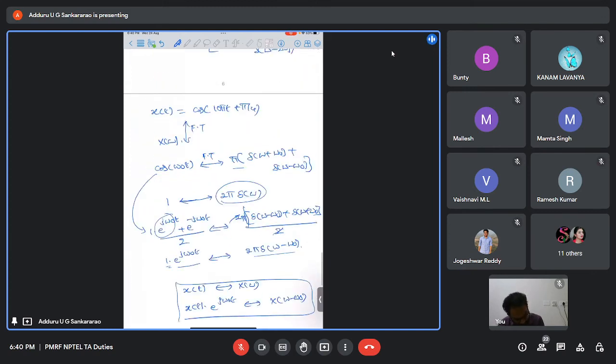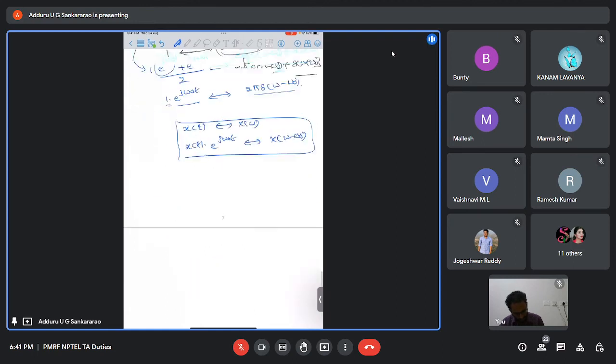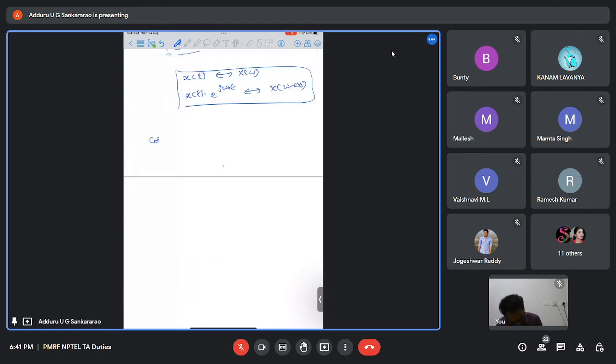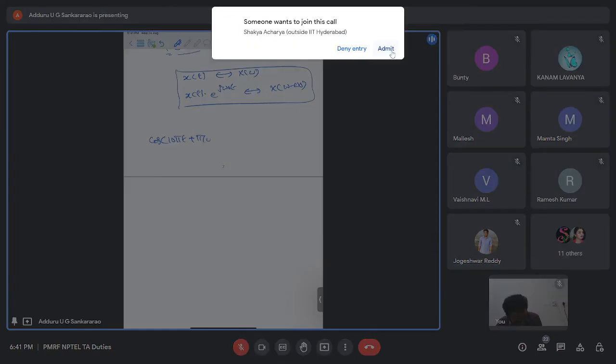And if you see here, this pi by 4 is just a phase. Since it's a sinusoid signal, the phase separately I can express like this, e power j pi by 4. Now for cos 10 pi t plus pi by 4, what will be the Fourier transform?